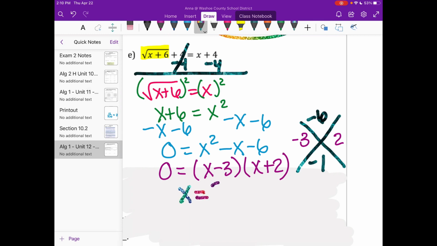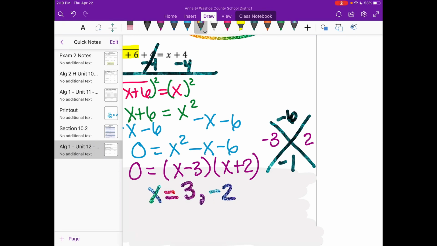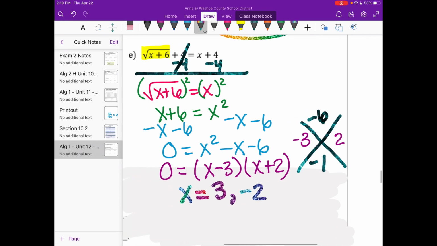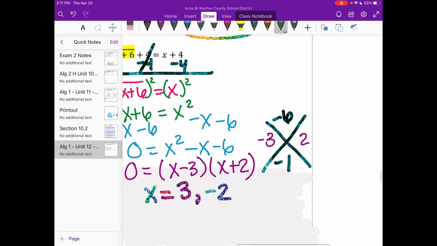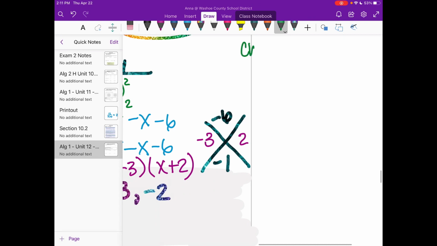All right, so x equals, opposite of negative 3 is positive 3, and opposite of positive 2 is negative 2. Now, we do got to check because there's 2 of them, and I thought maybe we would forget the check. So let's go ahead and plug them in for our check. So if we check on the side, let's do x equals 3 first, because I'm pretty confident that one's going to work.